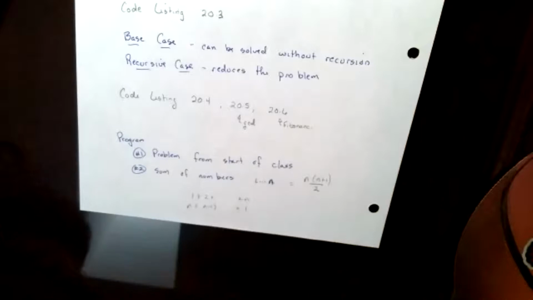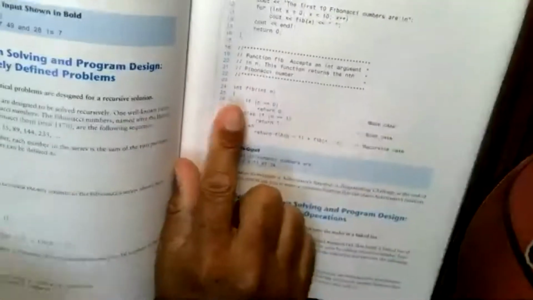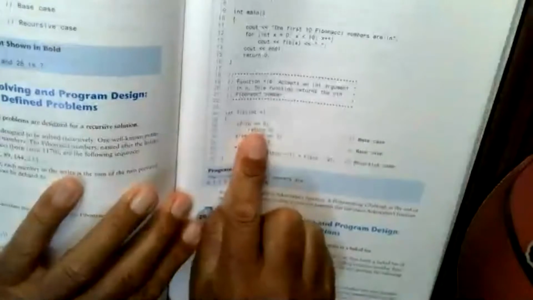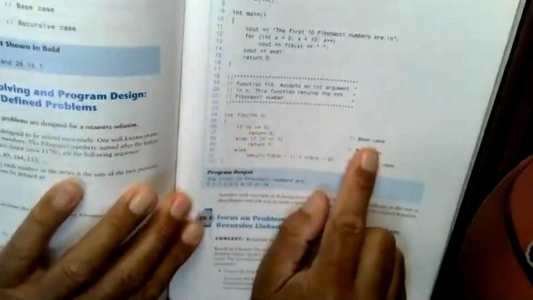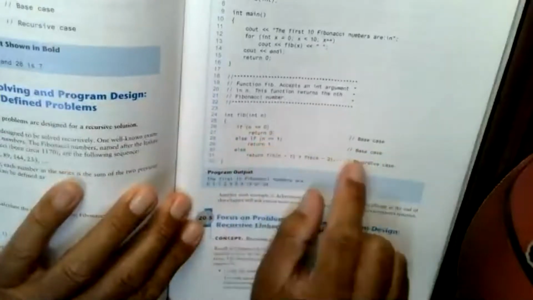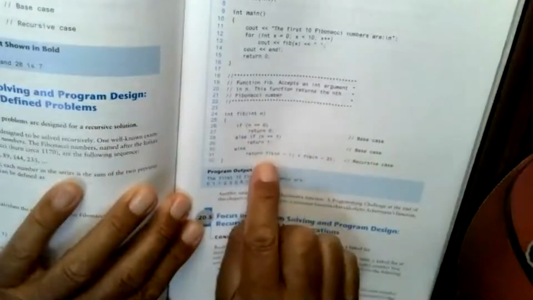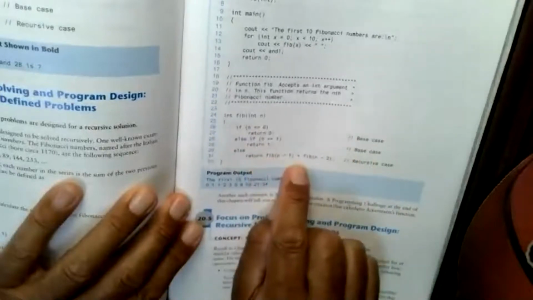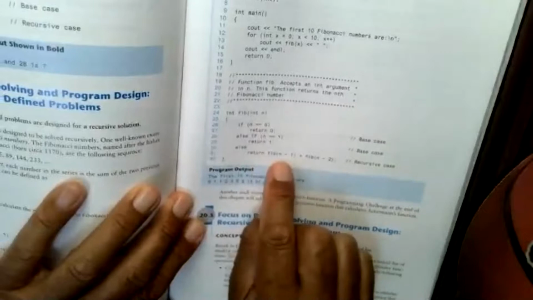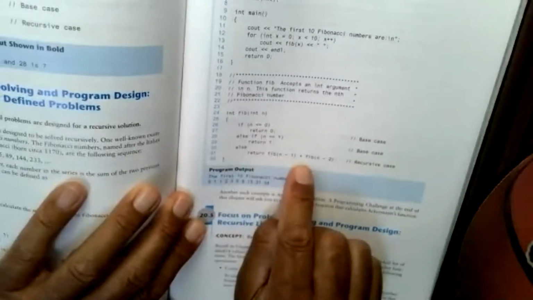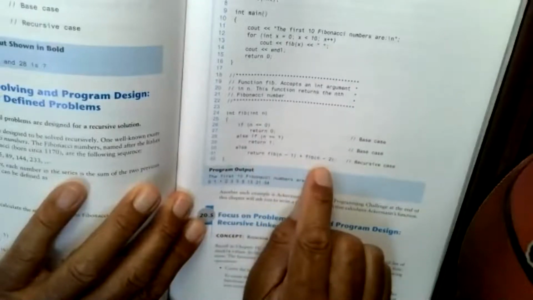Number 6 was the Fibonacci sequence. How it calls Fibonacci: Fibonacci comes in. I have my base case. If it equals that, I have my base case. Otherwise, I'm going to return the previous number plus the 2 numbers before.